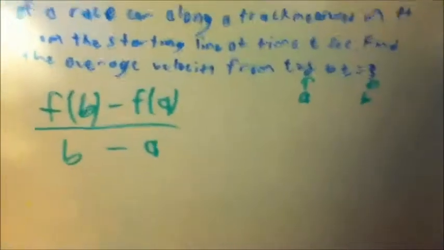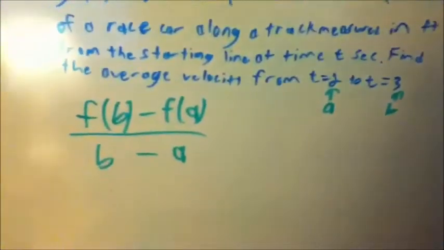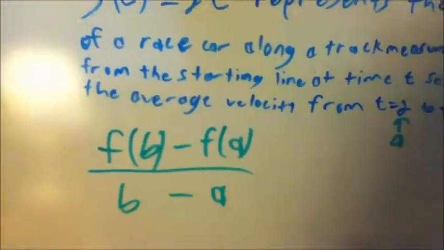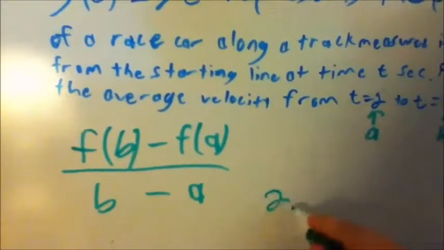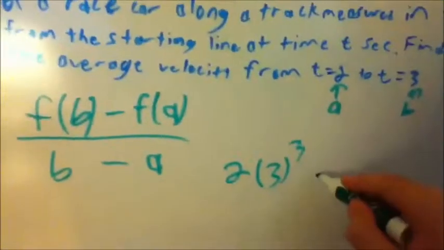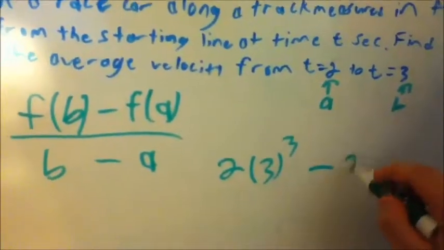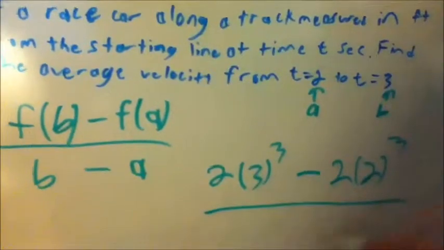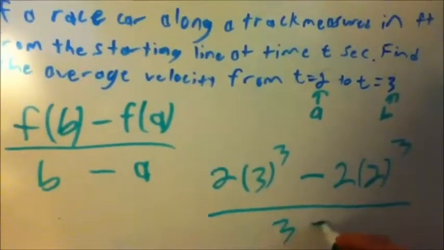Now all we have to do is plug all the numbers into the equation. So, f of b will equal 2 times 3 cubed minus 2 times 2 cubed over 3 minus 2.